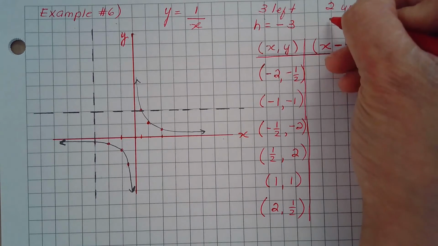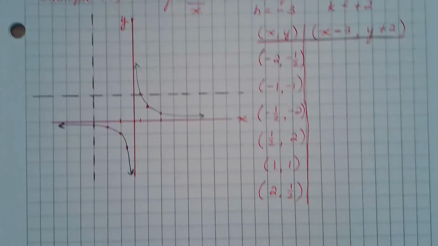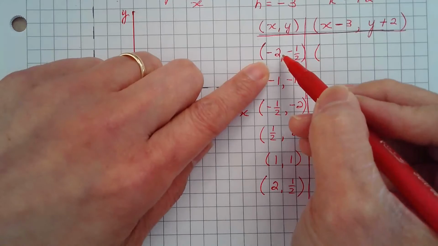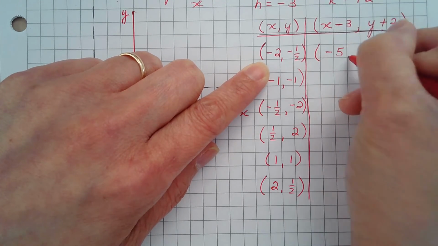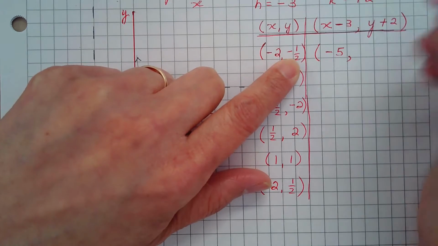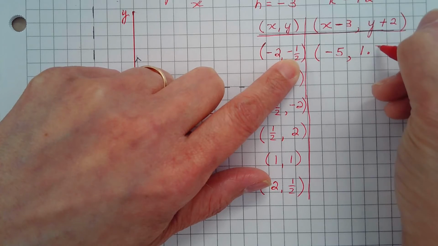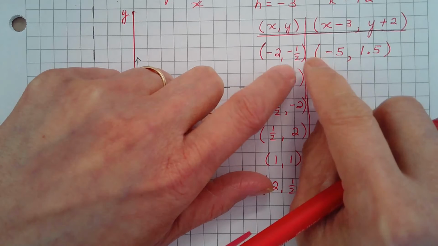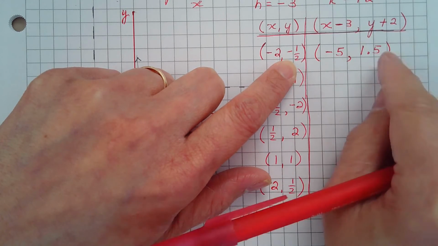K is plus 2. So let's go figure that out. X is negative 2. So it's going to be negative 5. And that's going to be positive 1.5. Is that okay? If y is negative a half, negative a half plus 2 is positive 1.5.